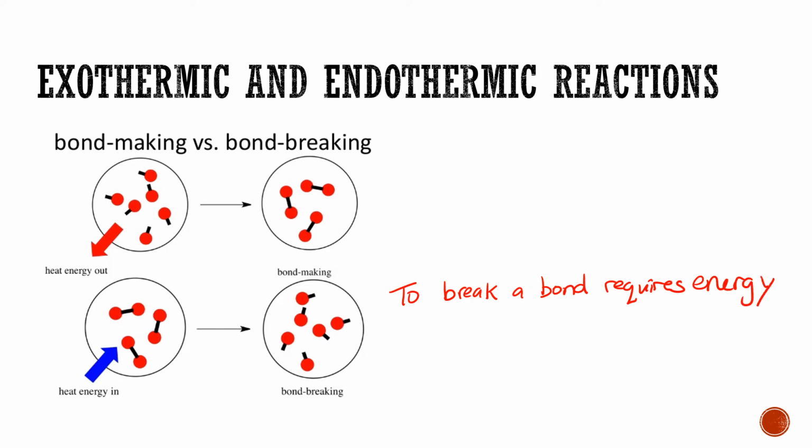The reason breaking bonds requires energy is we have to move the electrons farther from the nucleus. So the nucleus is positively charged. The electrons are negatively charged, so they're attracting one another. So if we want to move it farther away, it's going to take energy.